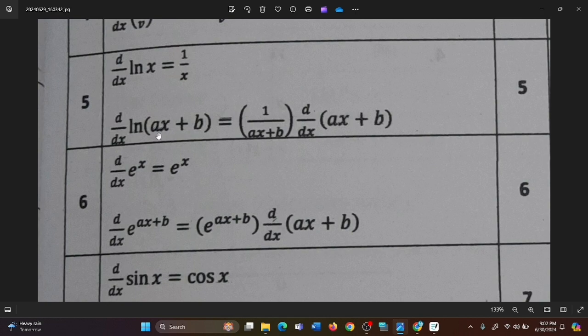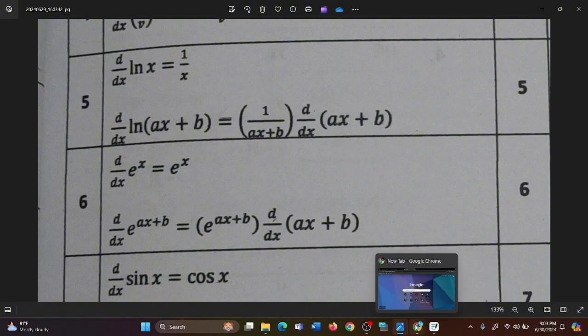Here inside the bracket there was ax plus b, we put ax plus b as the denominator, then put the differentiation of ax plus b as the numerator, that is d by dx of ax plus b divided by ax plus b. So let's do it.